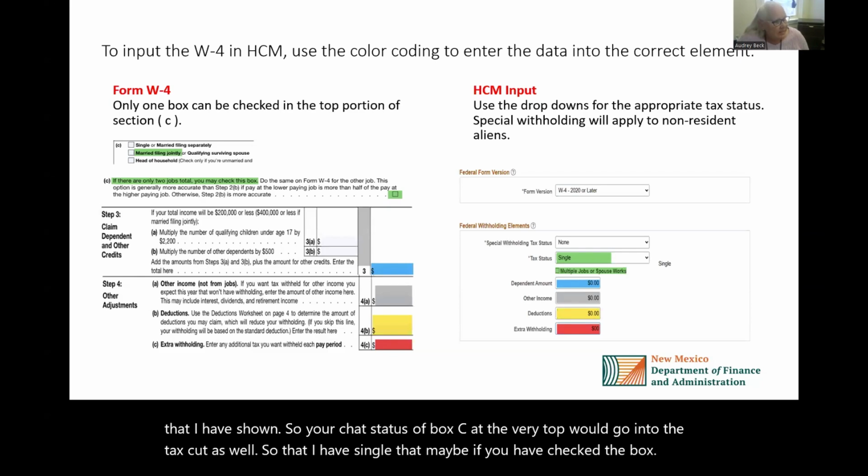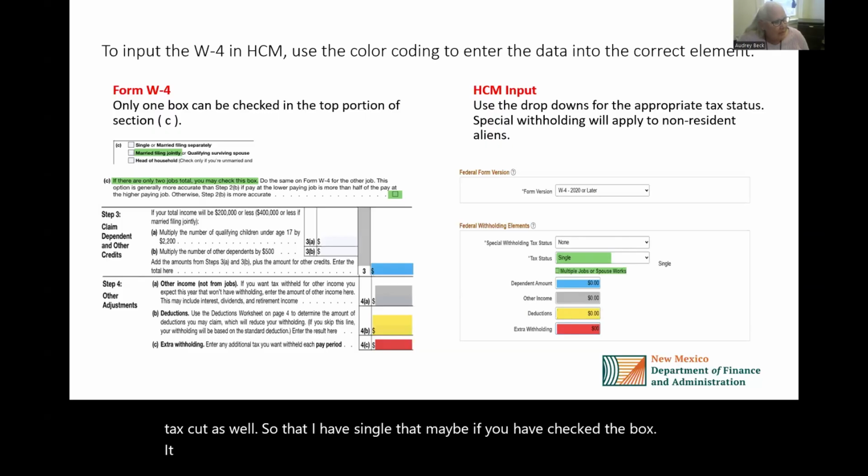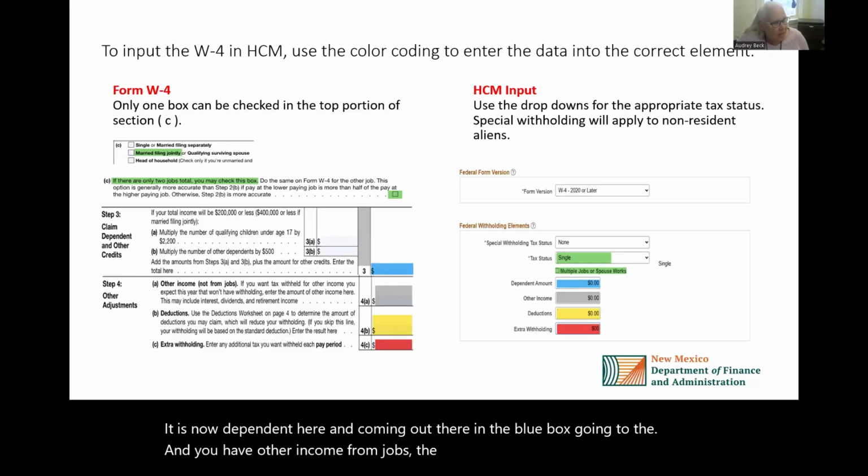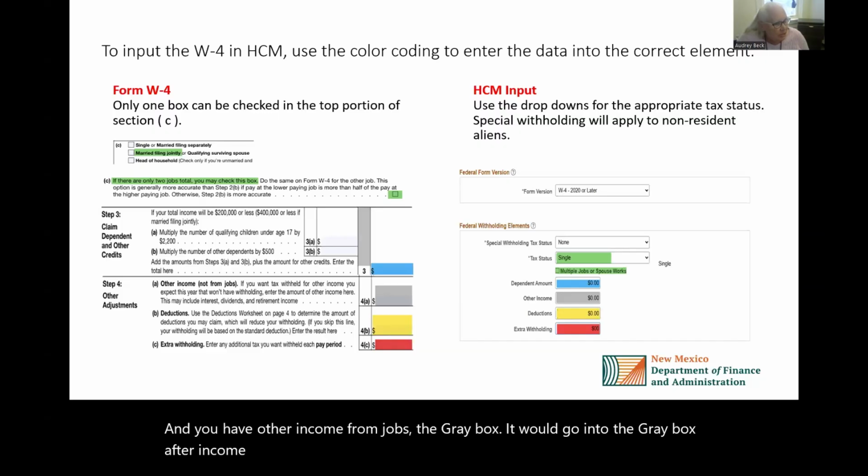If you have dependent care and you have an amount there in the blue box, it would go into the dependent amount in HCM. If you have other income from jobs, the gray box, it would go into the other income box in HCM. The additional deductions from the yellow box would go into the deductions box where it's indicated.